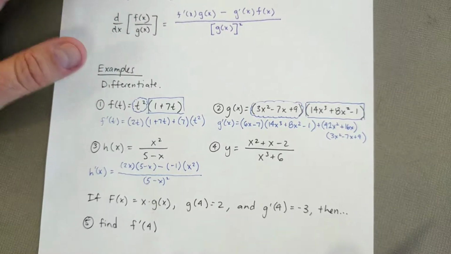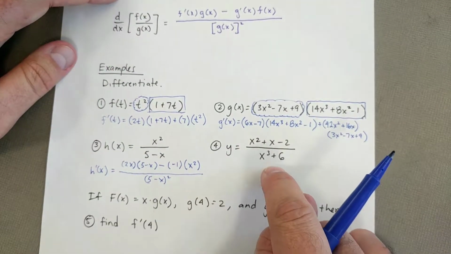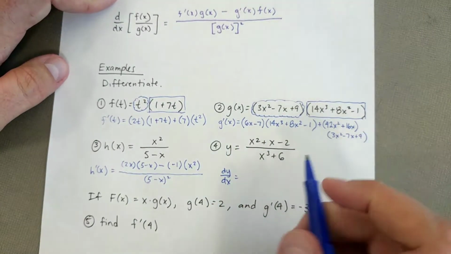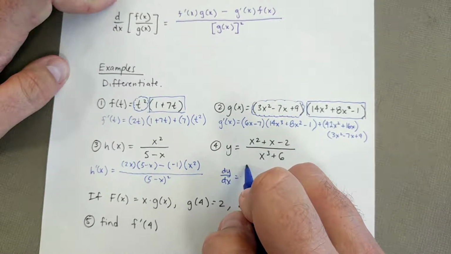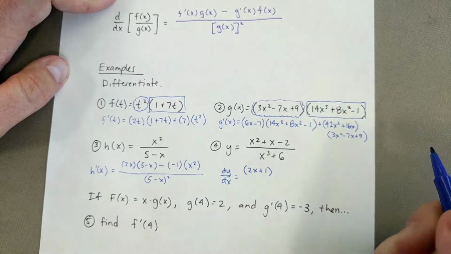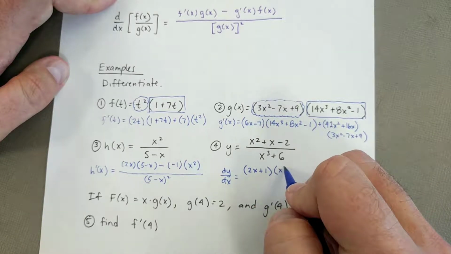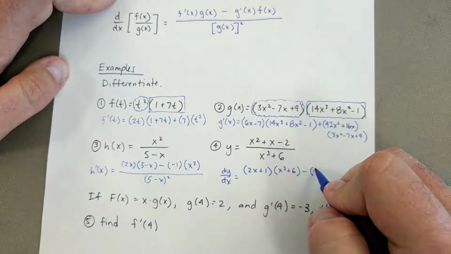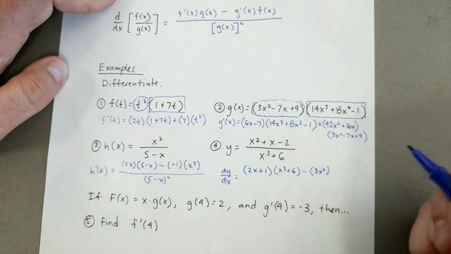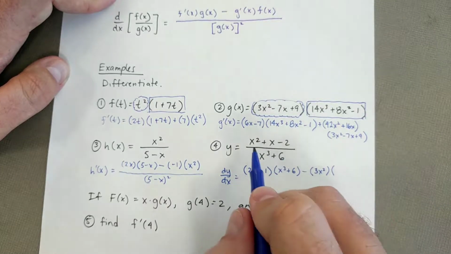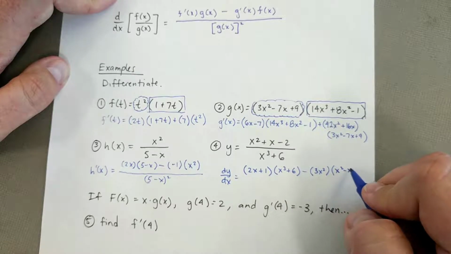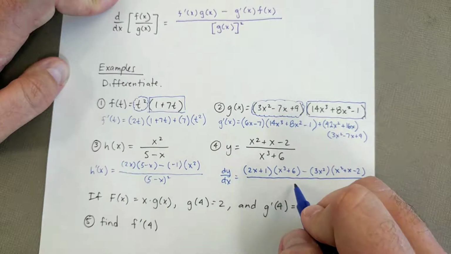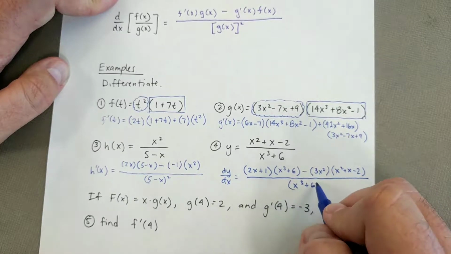And again, simplifying can happen, but we're just not going to do it in this video. All right, so let's see another example here. So this one, we will find dy over dx is equal to derivative of the top, so that's going to be 2x plus 1 times the bottom, minus derivative of the bottom, so 3x squared. 6 has a derivative of 0 there, times the top, plus x, all over the denominator squared, boom, like so.